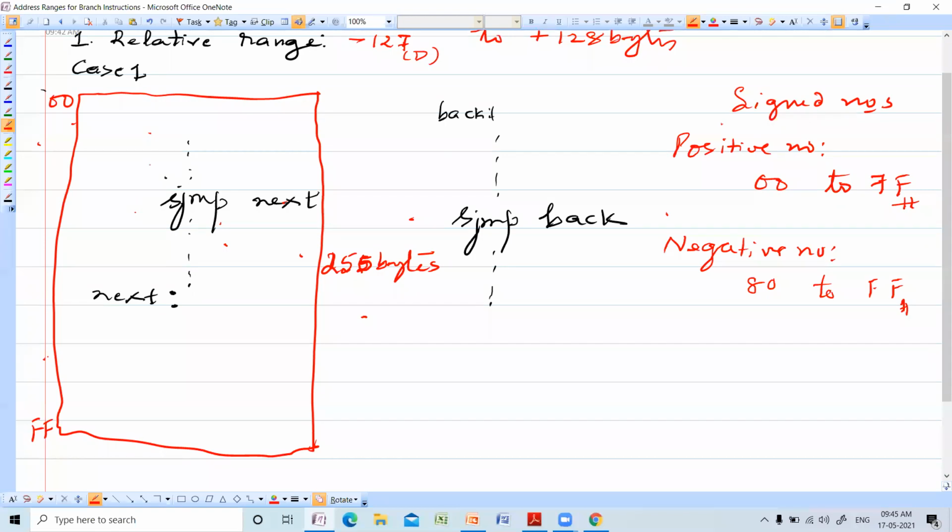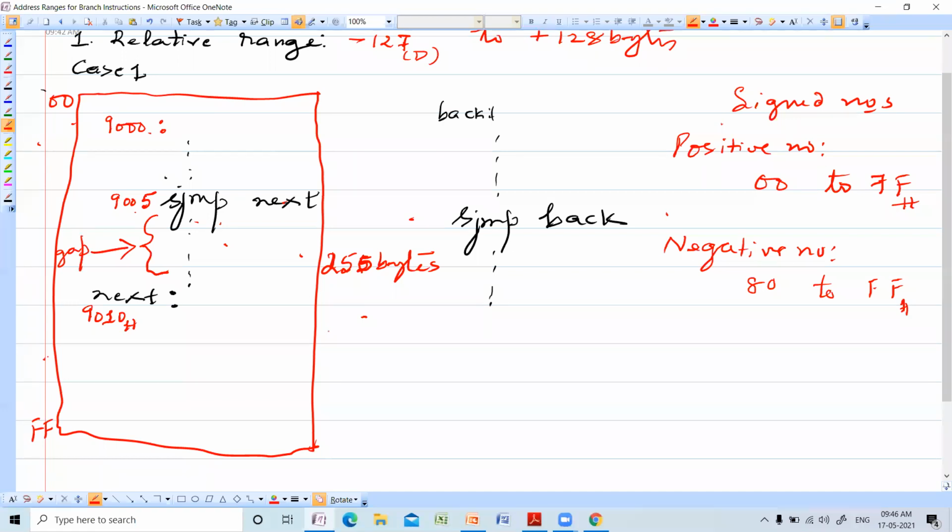Let's just imagine that you are storing the program in the ROM whose address is 9000, and somewhere this address is 9005. Let this address be 9010H. In this case of relative addressing, it just computes the gap.